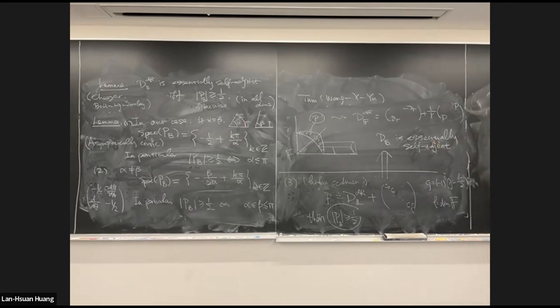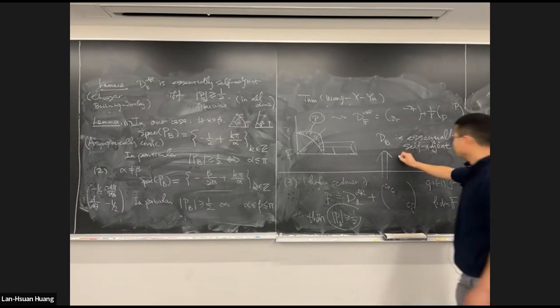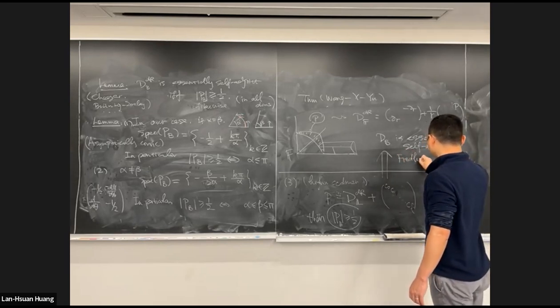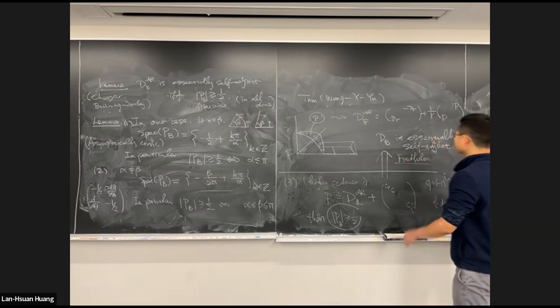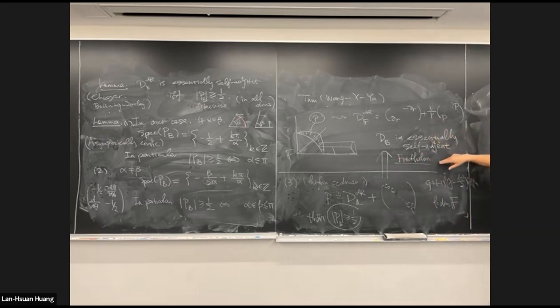In fact, it turns out that even if it's not essentially self-adjoint, every extension you have for the conic case is Fredholm, but we do need essential self-adjointness. Now, because it's essentially self-adjoint, you just take the minimal extension.